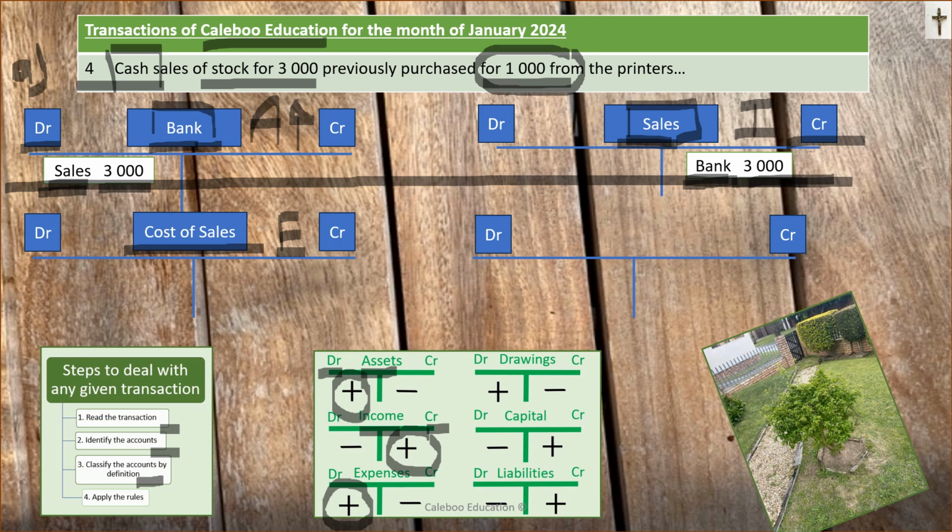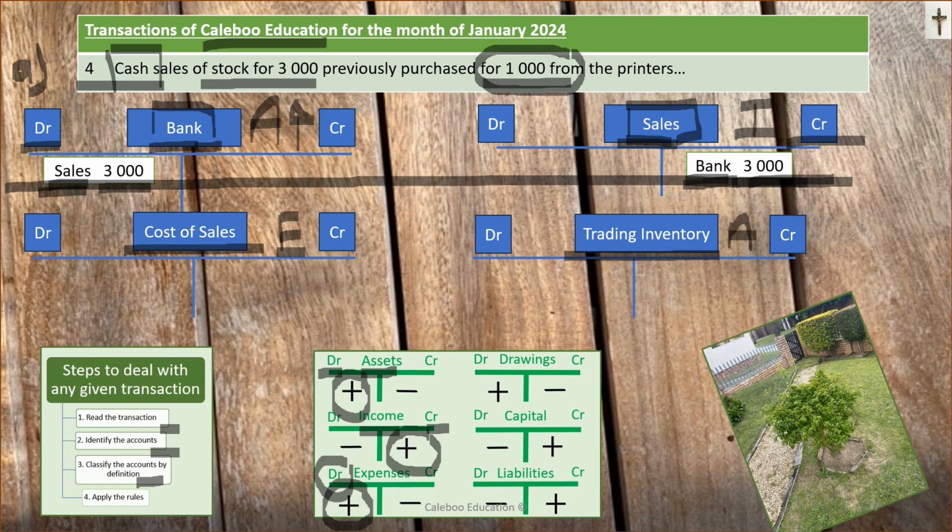And the rule says an increase in expense, the account must be debited. The other account is trading inventory for part B of this transaction. Trading inventory is an asset.